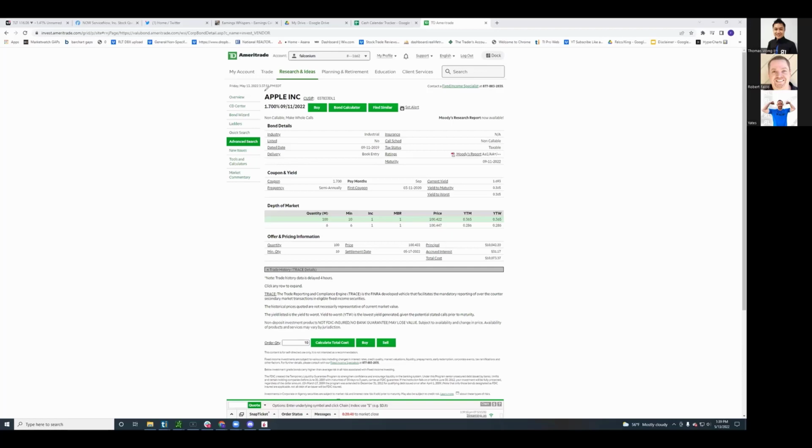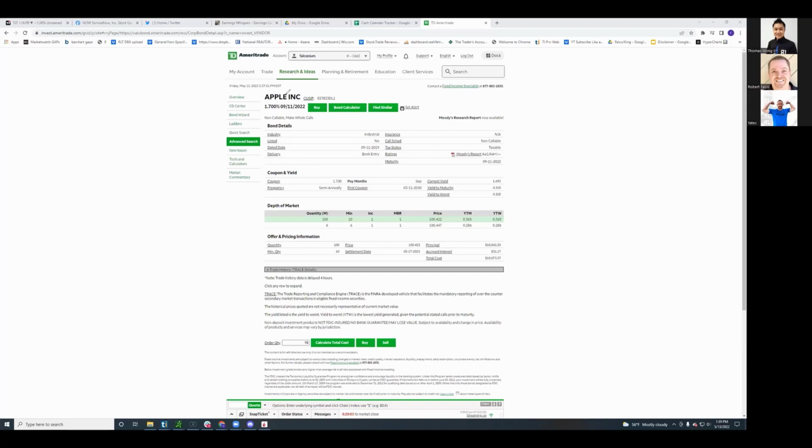So there are four main types, but within treasuries themselves, there are bills, notes, and bonds. Bills are less than 1 year, I believe. Notes are like 1 to 10 years, and then bonds are 10 years plus.